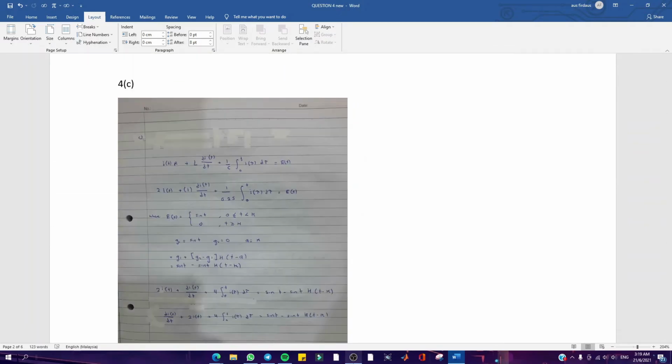And then for 4c, we need to use the KVL, Kirchhoff voltage law. So from voltage law, we need to get all the voltage drop from the resistor, inductor, and the capacitor equal to the voltage input, which is E(t).